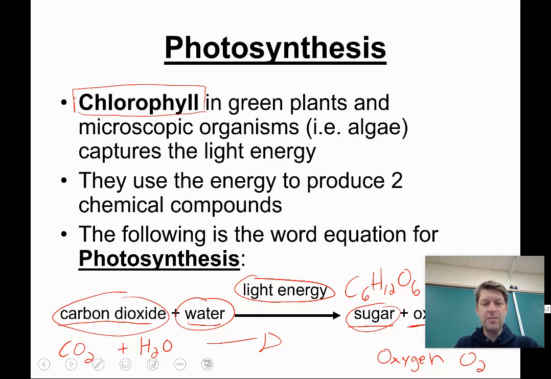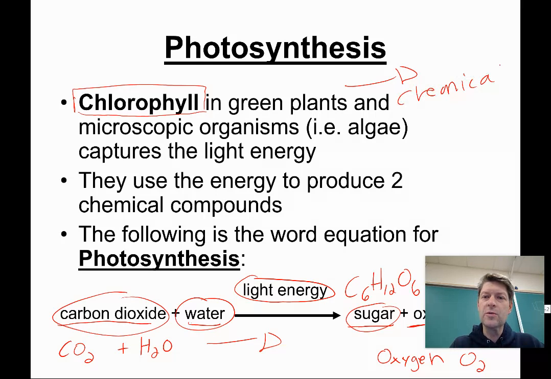So hopefully you can pause this or even go back before I scribbled all over it and write that word equation out. Carbon dioxide plus water. The arrow in chemistry represents a chemical reaction. It's the lazy short way to write chemical reaction. So if you're wondering what that big long arrow is for, it's to represent that we've had a chemical change taking place here.